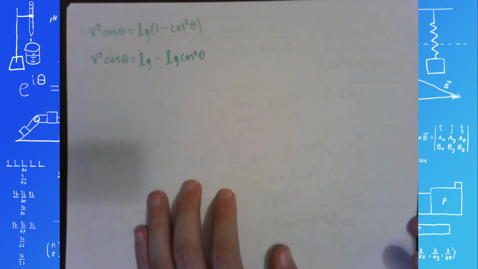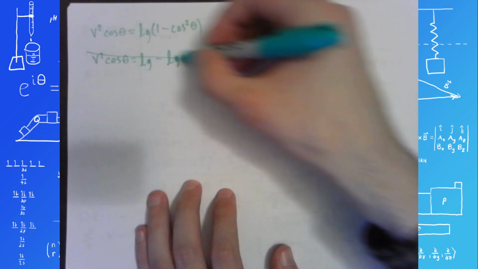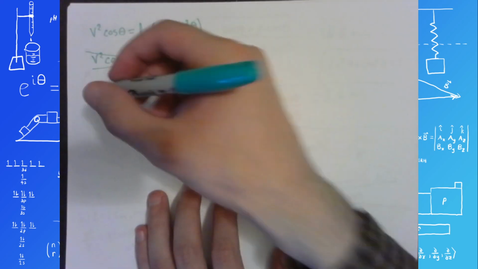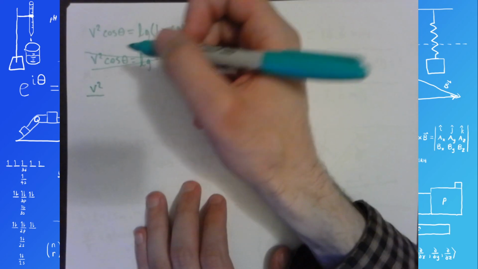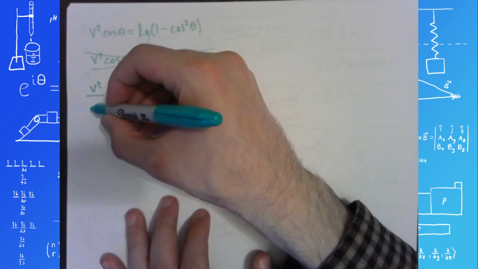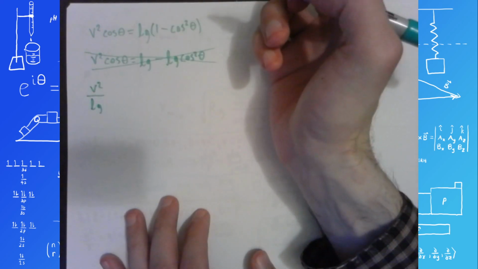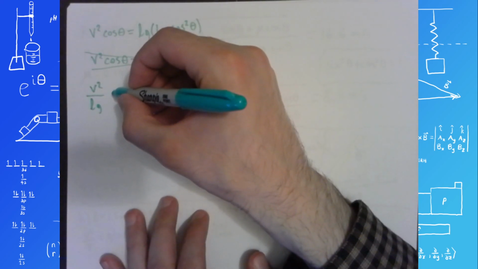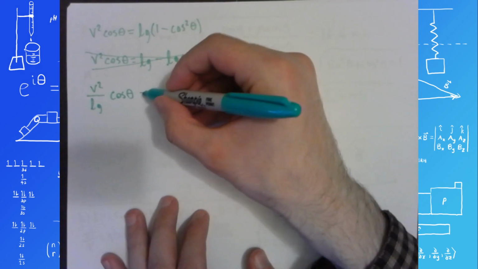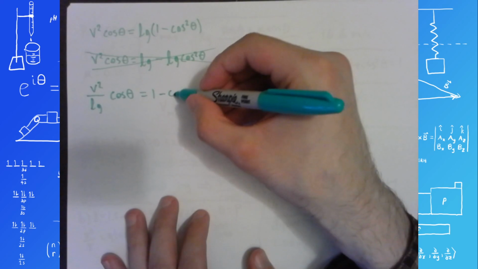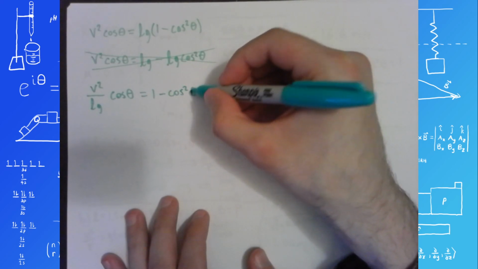Maybe I should have divided the LG over instead. Actually, yeah, that's probably the better avenue. Let's divide the LG instead of distribute. I think it definitely leads to the same result, but I feel like this would be cleaner. V squared over LG cosine of theta is equal to 1 minus cosine squared of theta.